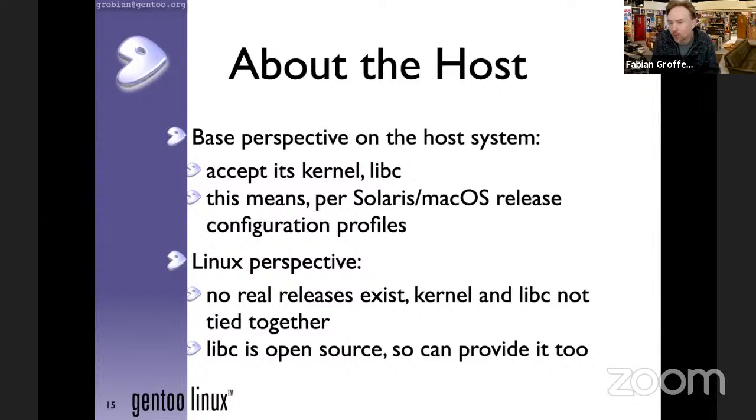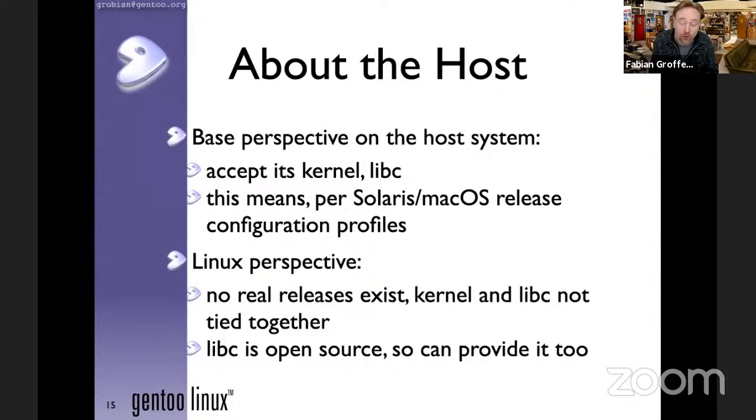And that's why we have a special view on Linux hosts, where in the end, it turns out that we cannot replace the kernel because we don't virtualize, we don't use root. But we can actually provide our own C library because glibc, well, it's all open, and Gentoo knows very well how to build that, of course. So we can do that.